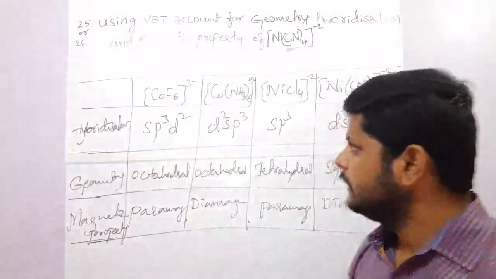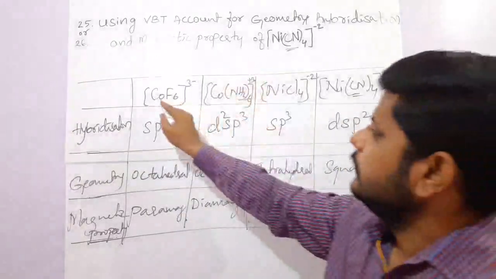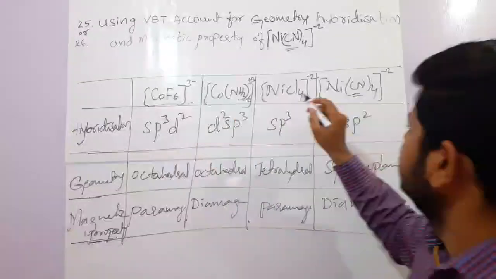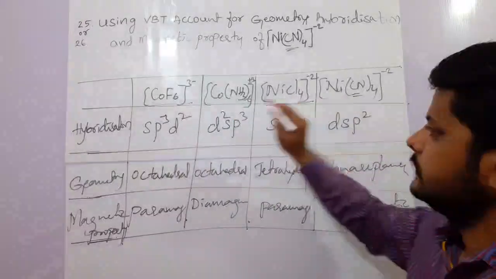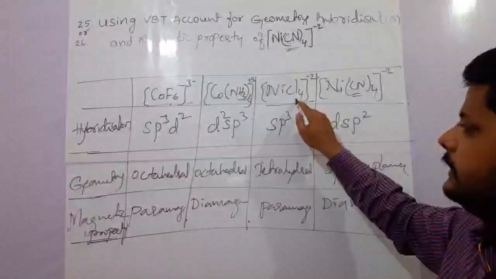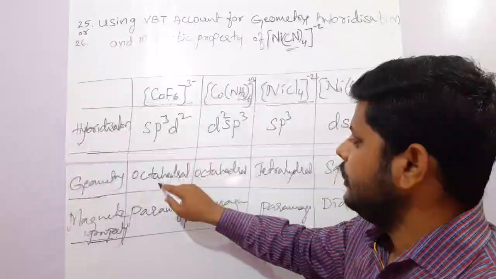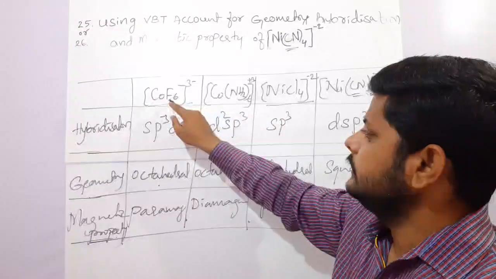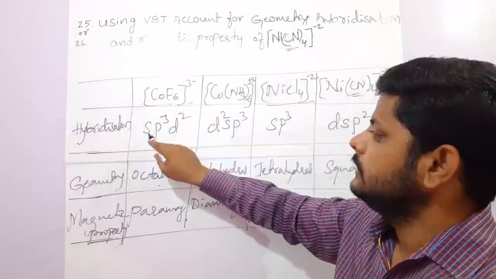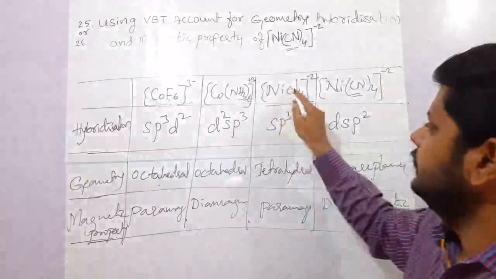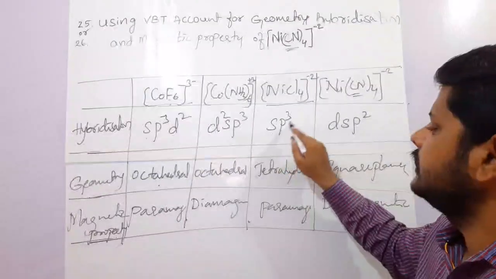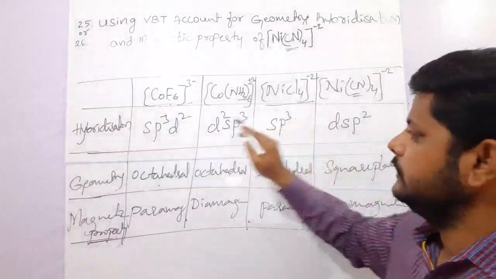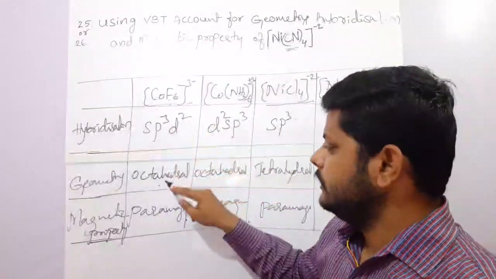Quickly, once again, I will explain. This is having 6 ligands and this is having 4 ligands. Weak ligand with 6 ligands: start with S, sp3d2. Weak ligand with 4 ligands: sp3. Based on this, the geometry is octahedral for the first and tetrahedral for the second. Weak ligand: paramagnetic. Strong ligand with 6 ligands: start with D, d2sp3. Strong ligand with 4 ligands: start with D, dsp2.